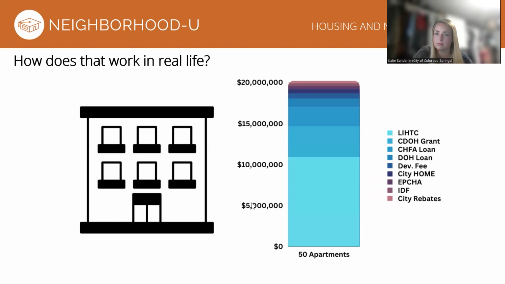Then we have the city funding, El Paso County Housing Authority funding, development fund, and then the city rebates. So all of it adds up. They call that the funding stack. So we're just one little piece here in our community, one little piece of that big project that is going up. That's how it all comes together.